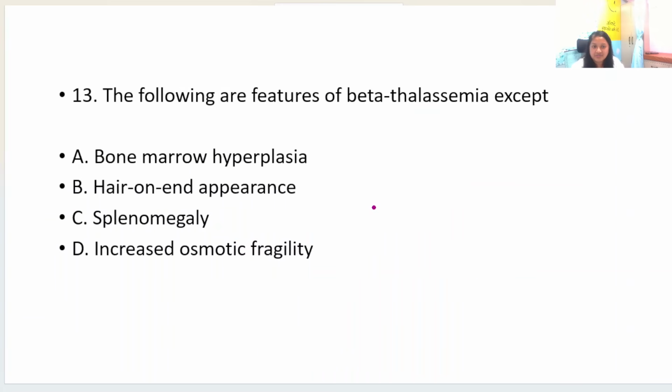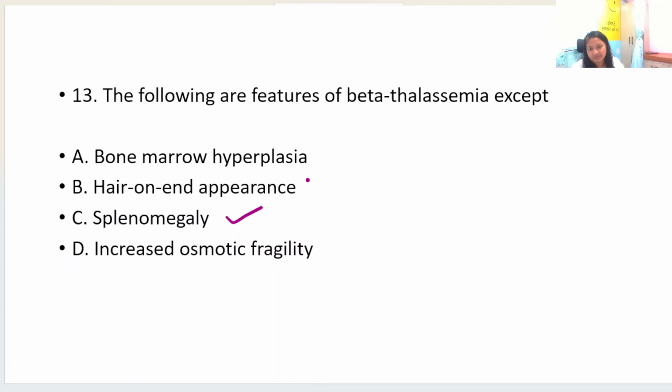The following are features of beta-thalassemia except bone marrow hyperplasia, hair on end appearance, splenomegaly and increased osmotic fragility. So we all know that as a result of inadequate or inappropriate hemoglobin synthesis, there is splenomegaly, right?